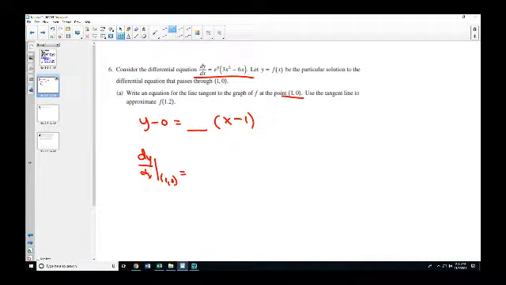So e to the 0, times 3 times 1 squared minus 6 times 1. e to the 0 is 1. 3 minus 6 is negative 3, and that goes right there. Sometimes they hand you the equation on a silver platter if you just go get it.